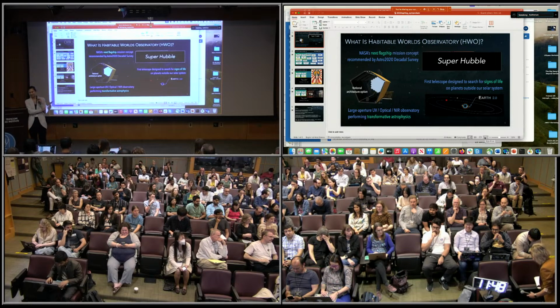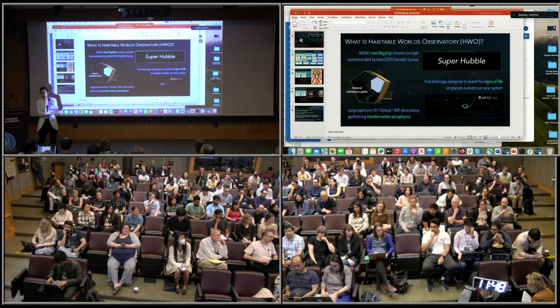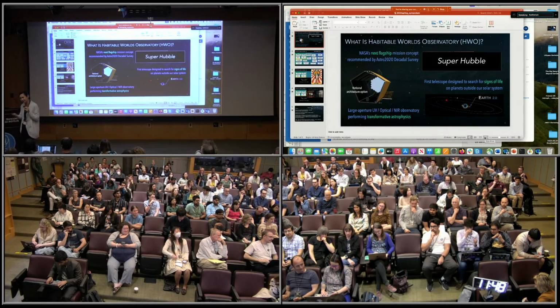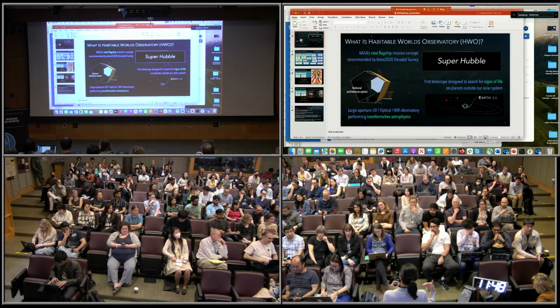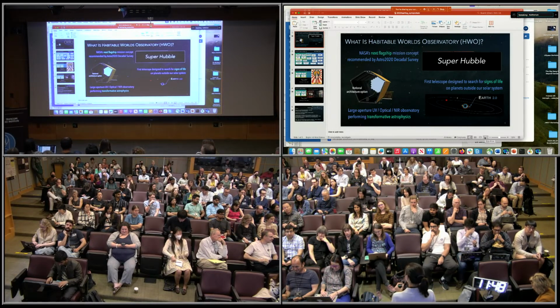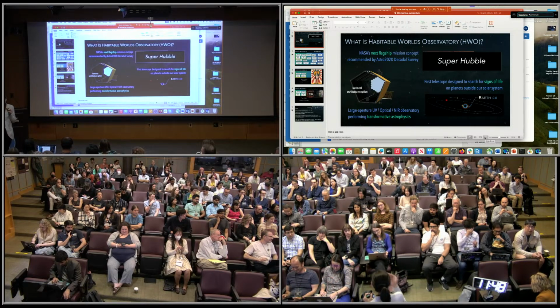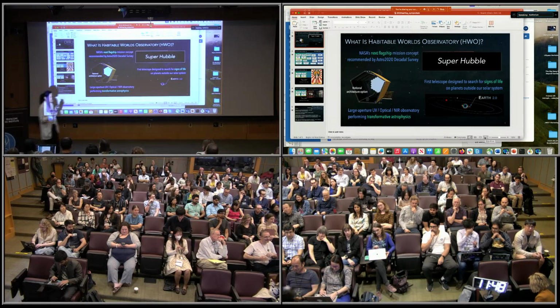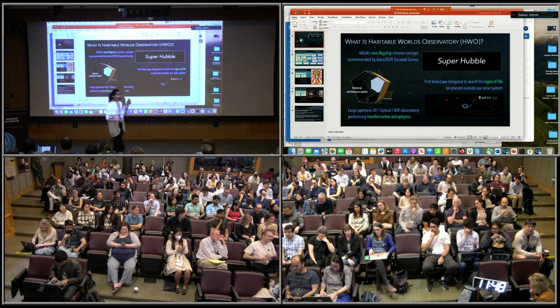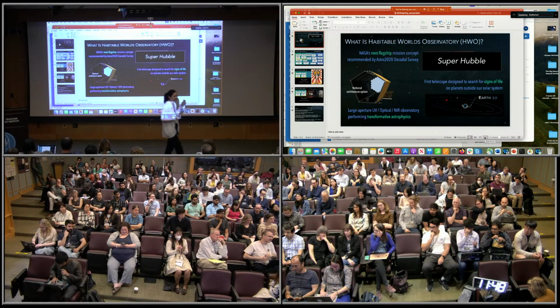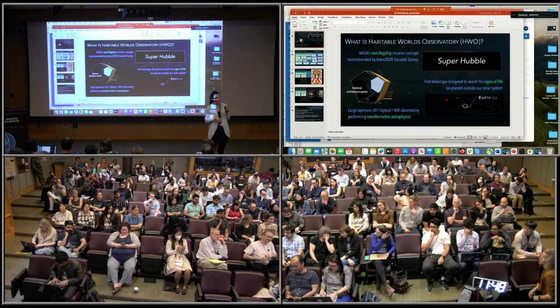Super Hubble. This thing is not only going to find exoplanets and look for biosignatures, but it is Hubble on steroids. Imagine all the things you cannot do with Hubble now and increase the size of the aperture 2, 3, 4 times.